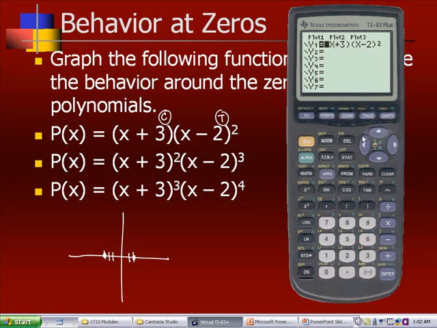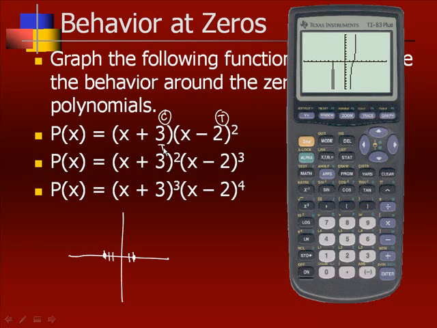Now, if we change that around a little bit and we call this one x plus 3, and let's insert a squared on that one, and we do x minus 2, and let's change that to a power of 3. When we graph that one, now it touches at the negative 3, and it actually crosses at the 2.